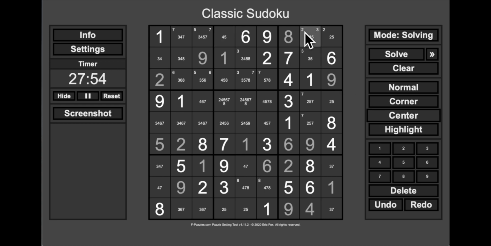Taking this down to a 2 3 doesn't help me much, does it? Yeah, 6 there doesn't help me. My 3s and 4s in row 7 are still across boxes.